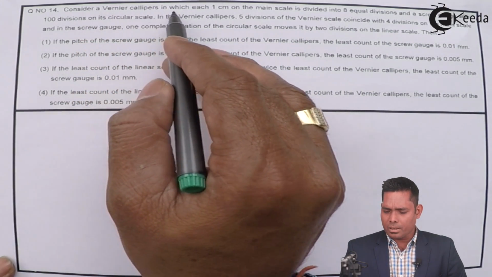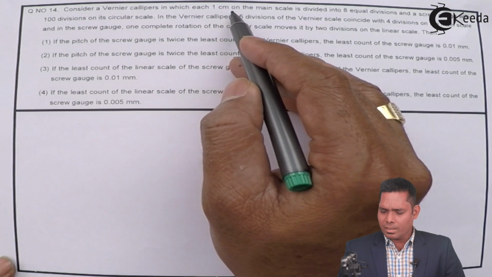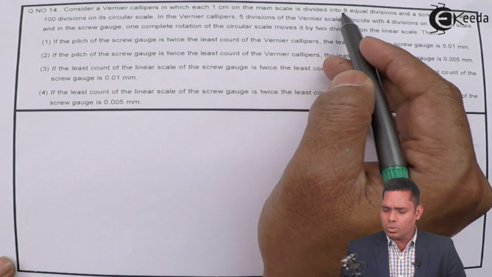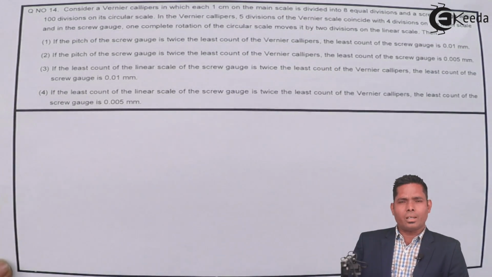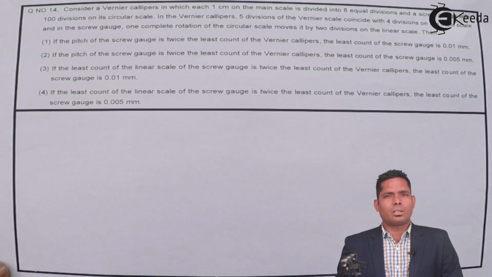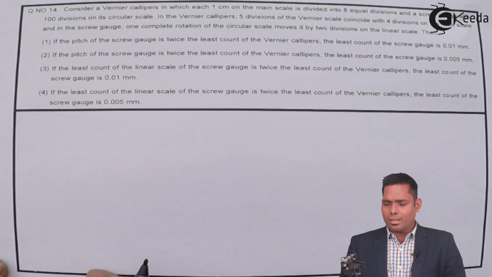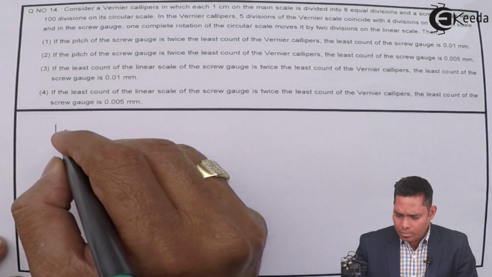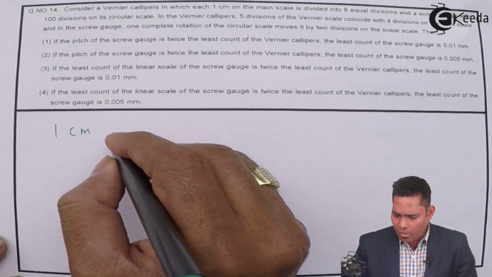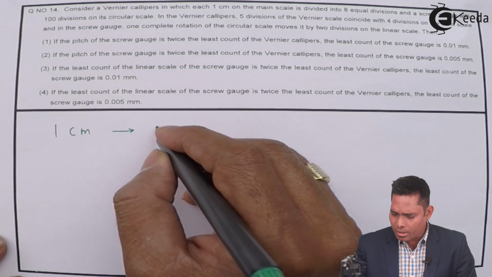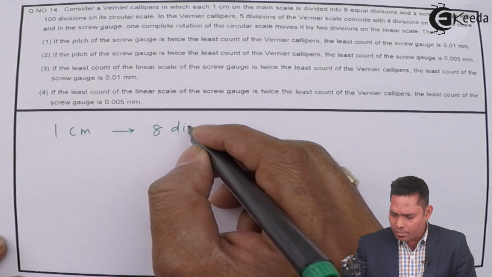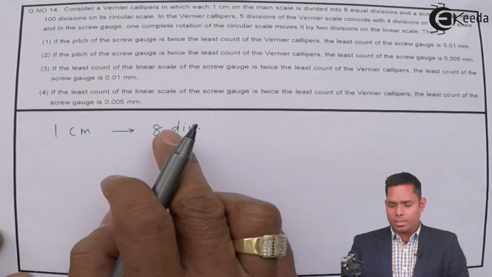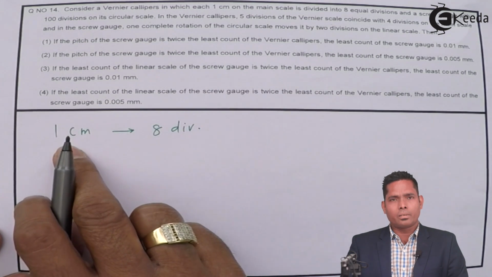Consider a vernier calipers in which each 1 centimeter of main scale is divided into 8 equal divisions. Generally, 1 centimeter contains 10 divisions, but here it is saying 8 divisions. So 8 divisions correspond to 1 centimeter.